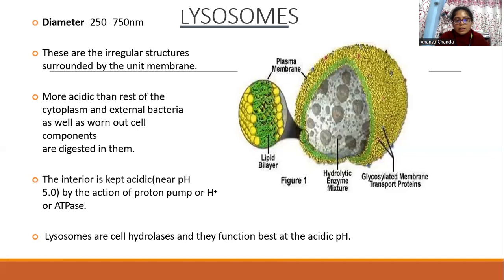The interior is kept acidic near pH 5 by the action of the proton pump, the H plus ATPase. Lysosomes are cell hydrolases and they function best at acidic pH. In the lysosome you can see there is a membrane which is composed of what? The lipid bilayer and the glycosylated membrane transport protein.